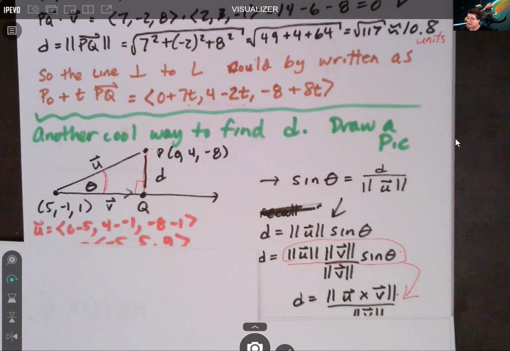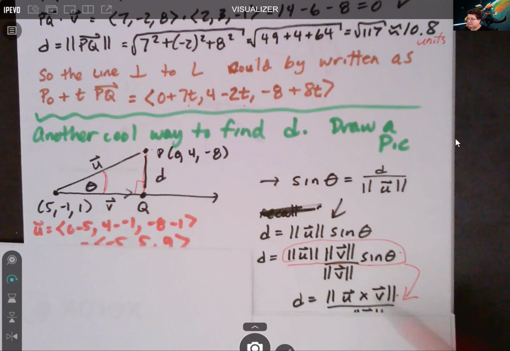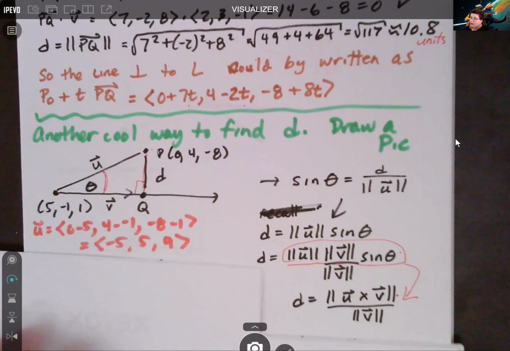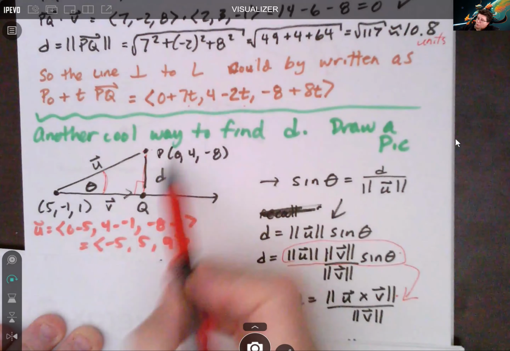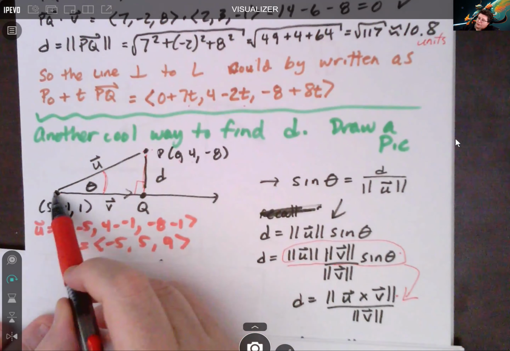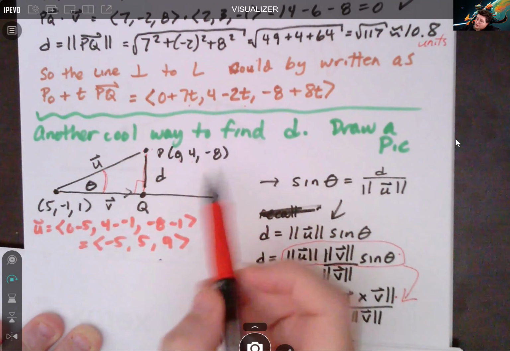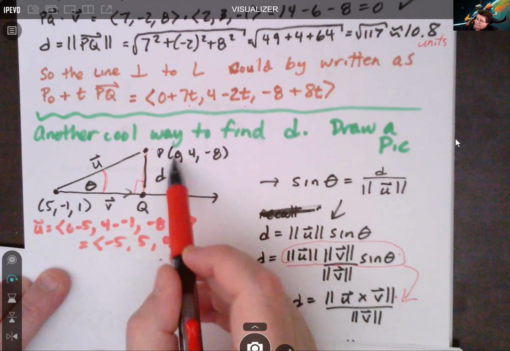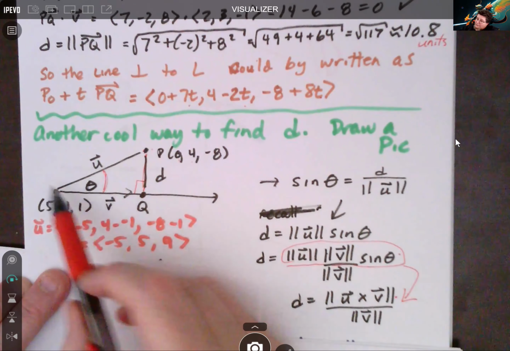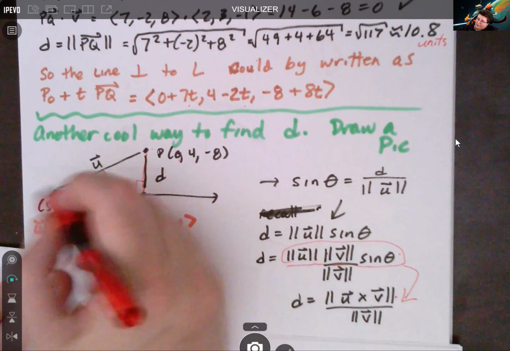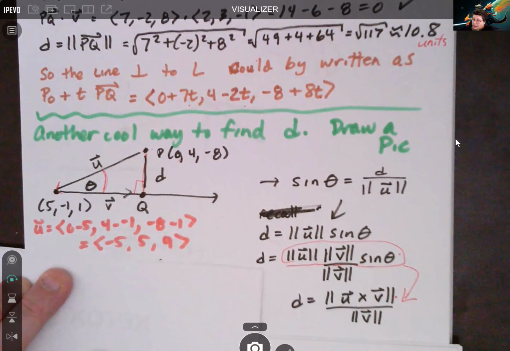Okay. So we need U and we need V to do this. So U, we know the point for P and we know our point over here. So I'm effectively going from here to here. It doesn't matter which way we go.